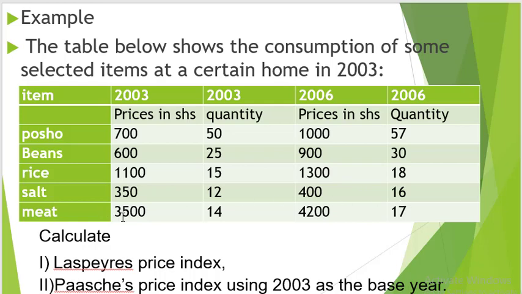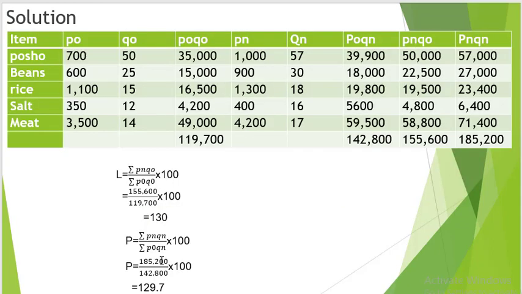Meat in 2003, it was 3,500 and quantity is 14. And in 2006, it went up to 4,200 and the quantity is 17. Calculate 1. Laspeyres price index. 2. Paasche price index using 2003 as the base year. That's our solution.